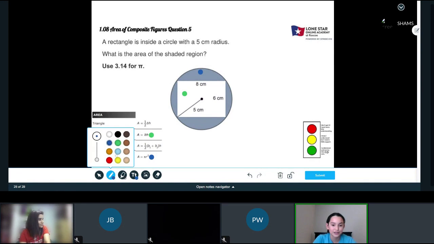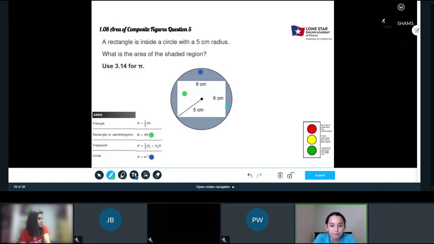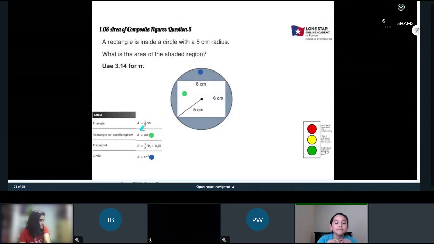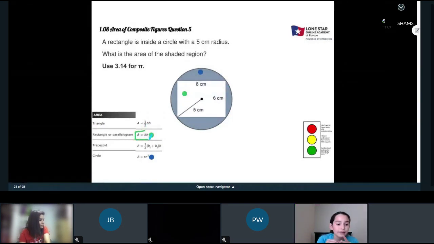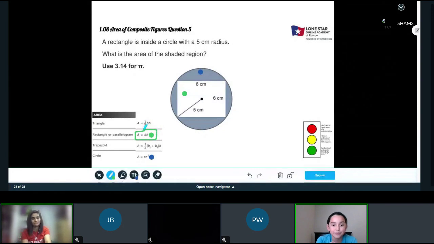Right. And since we're starting with that, we have to put out our formula, which is A equals base times height, or A equals BH. And then first you grab your base, which I'm guessing we grab whichever base. Yes. So which one will you grab?